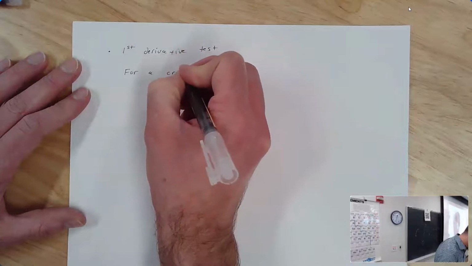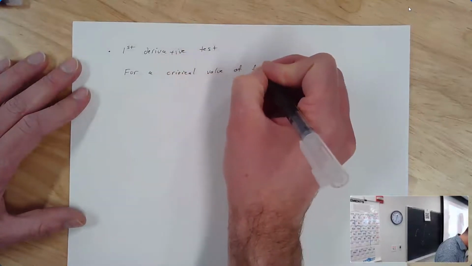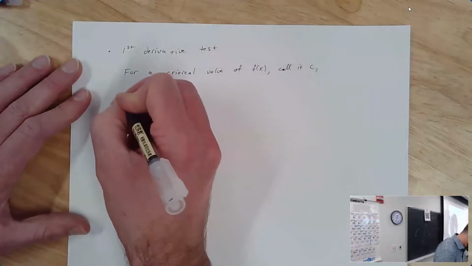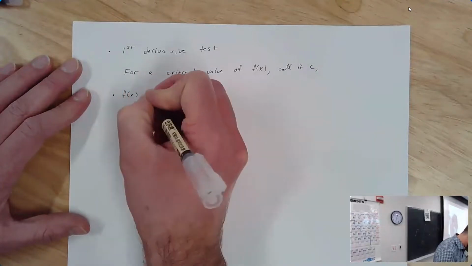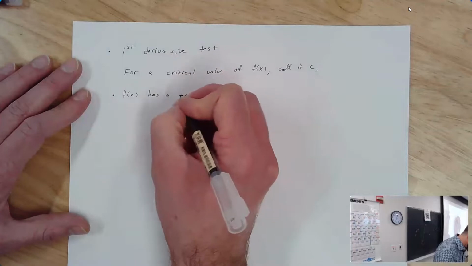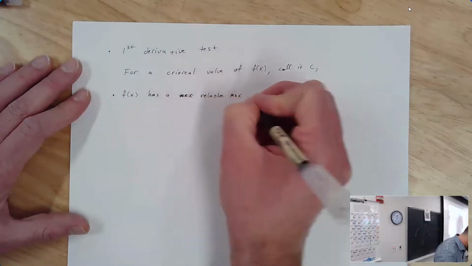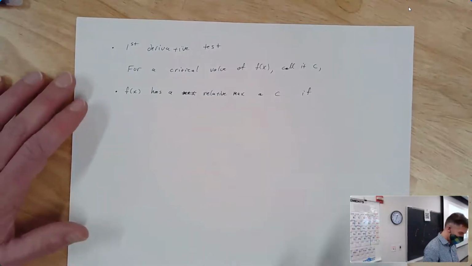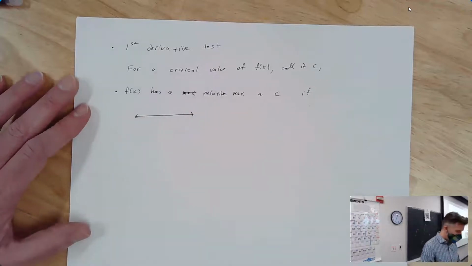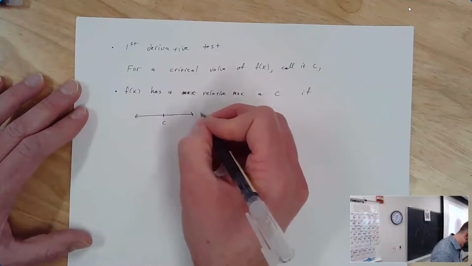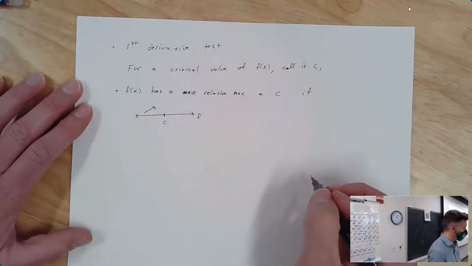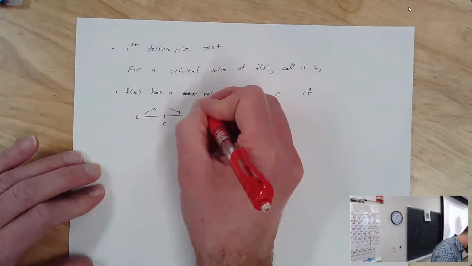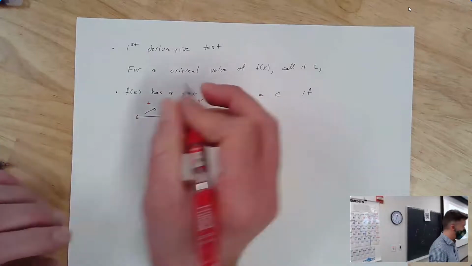For a critical value of f of x, call it c, f of x has a relative maximum at c if the function is increasing on the left side of c and decreasing on the right side of c, which we also correlate to the derivative being positive to the left and negative to the right of your critical value.